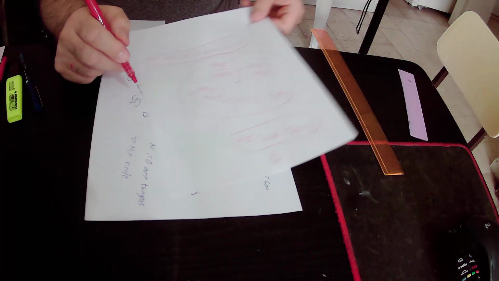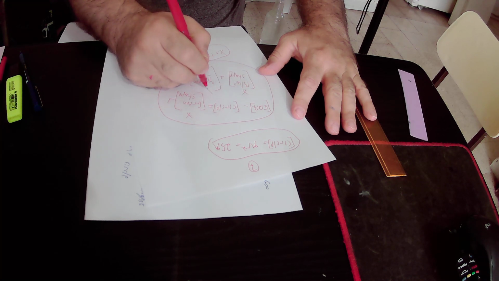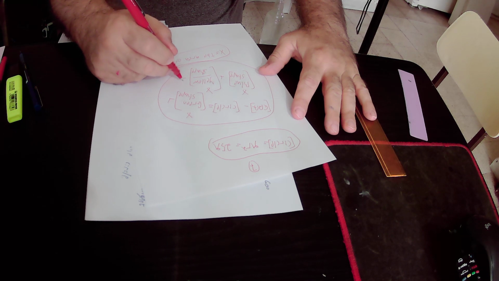So we have here x, x and x, so x plus x plus x is 3x.